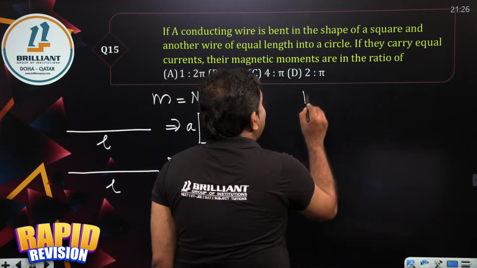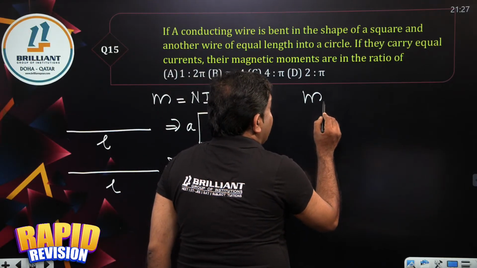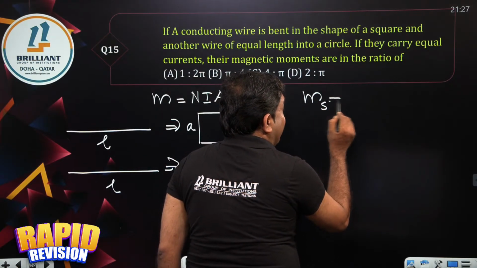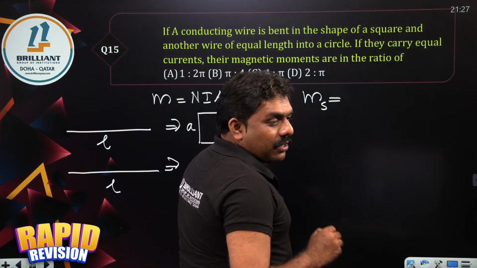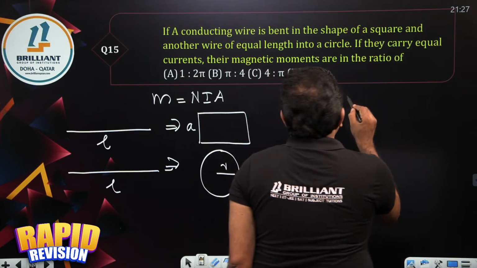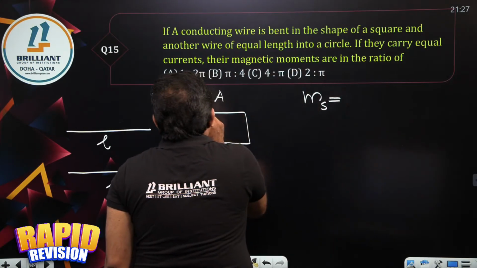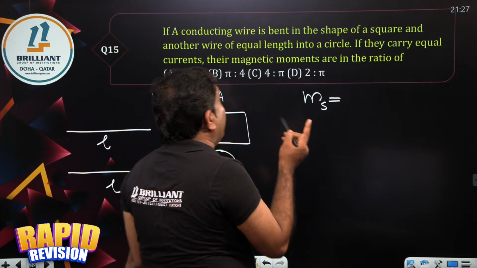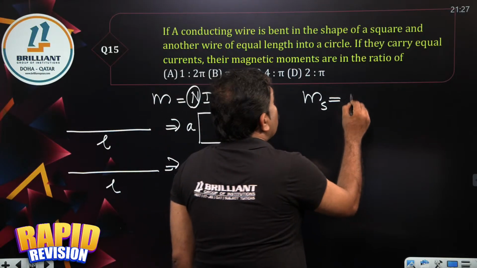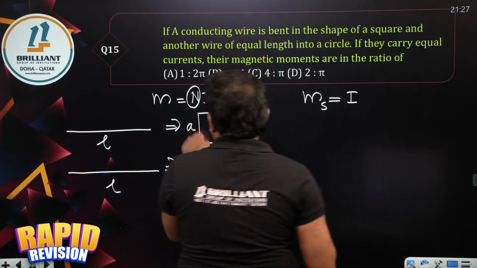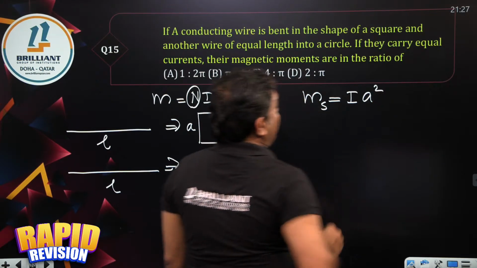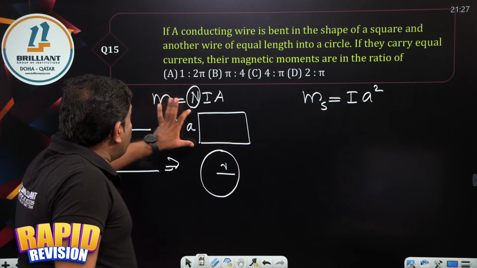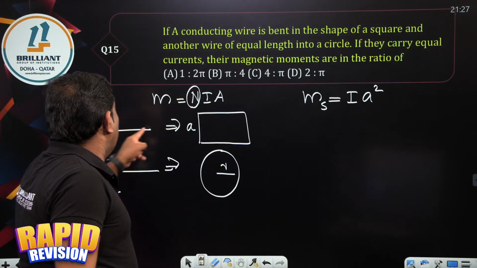So the magnetic moment of the square, I am finding first, MS. S stands for the square. It's NIA, and there is only one turn here. So I into the area of the square, A square. I want to change this A in terms of length.